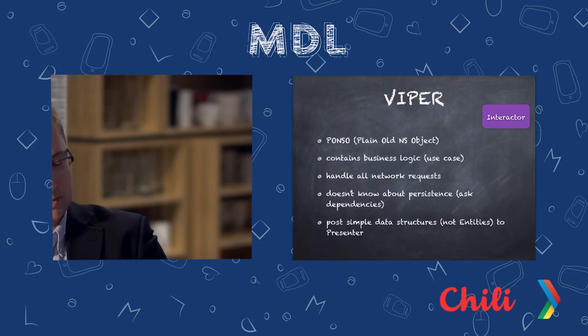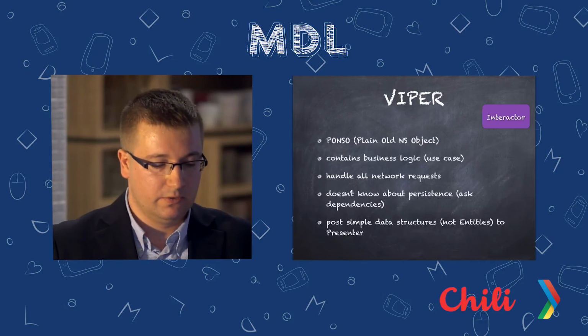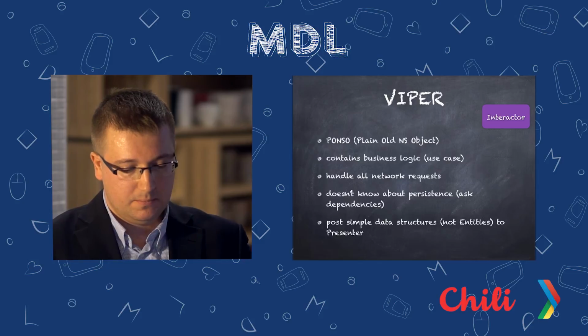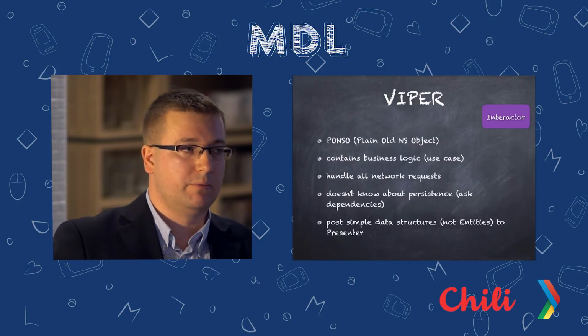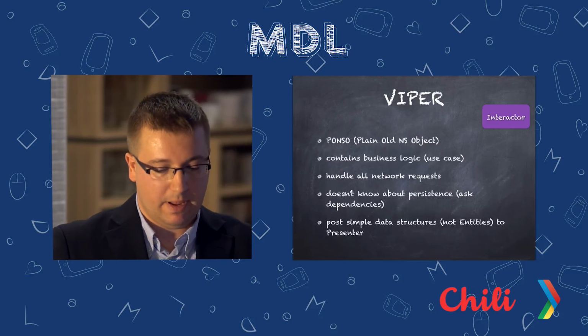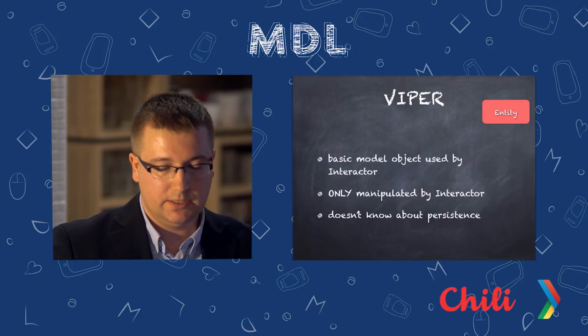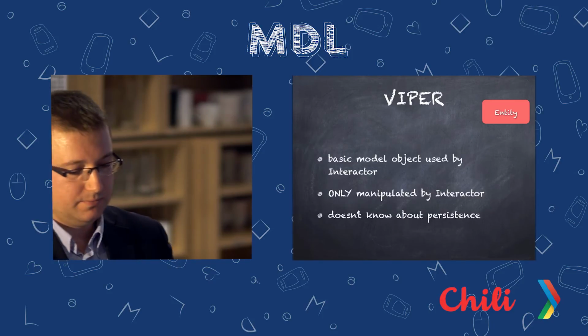It asks its data store manager, and that's the place where you handle all the network requests. It doesn't know about the entities and persistence of them. It only operates with simple objects loaded into memory. Okay, the next part is the entity, obviously the simple one, which represents the content of your application.